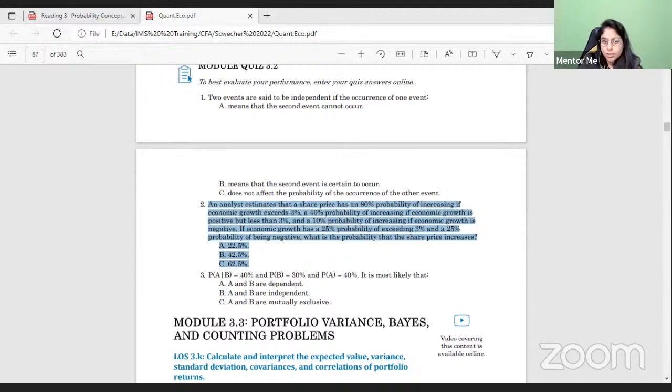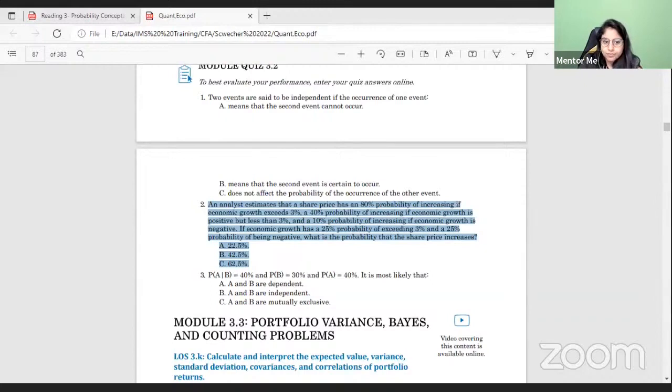One is economic growth greater than 3%. The other is economic growth less than 3%. And the third condition is that the economic growth is less than 0. That is, it is negative, right? These are the 3 conditions that we are dealing with.